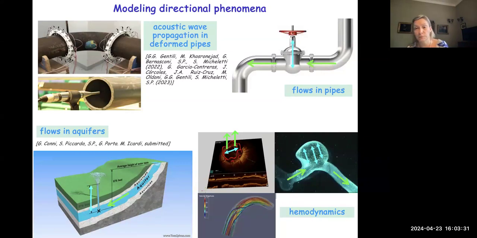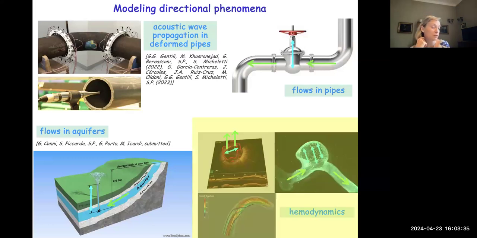And concerning the hemodynamic setting, which is, by the way, the first setting we started from in the development of this new approach, you may have, for instance, the deployment of a stent which induces a transverse irregular dynamics, or the presence of another very well known disease, for instance an aneurysm, which is associated with the presence of transverse blood flows.